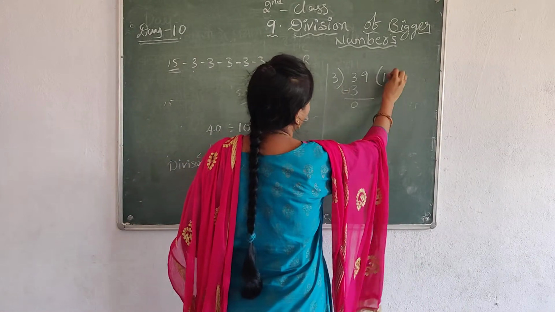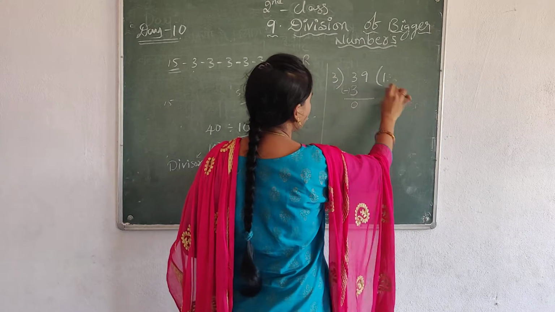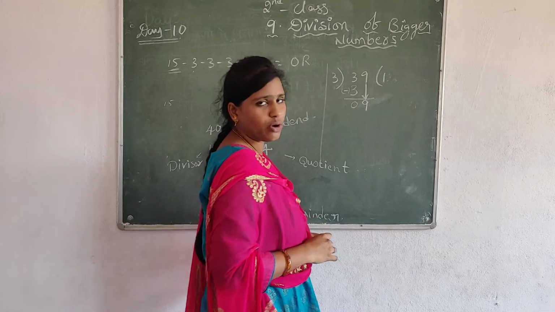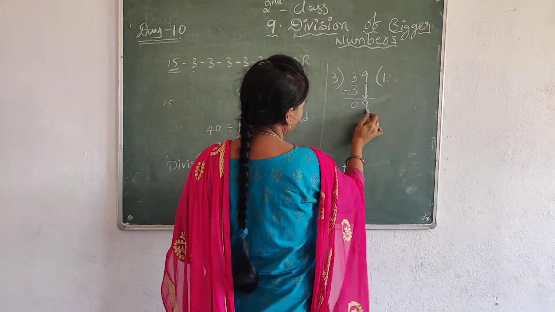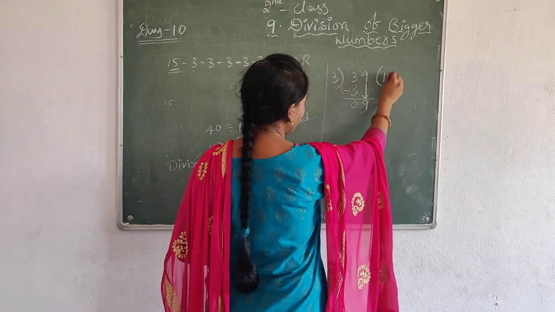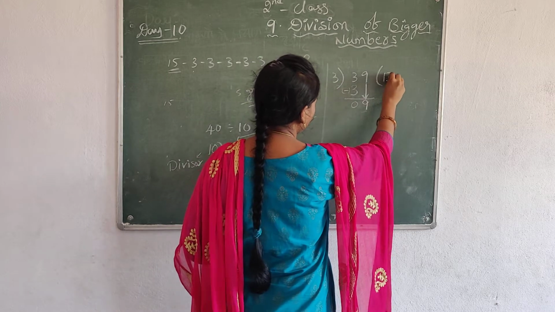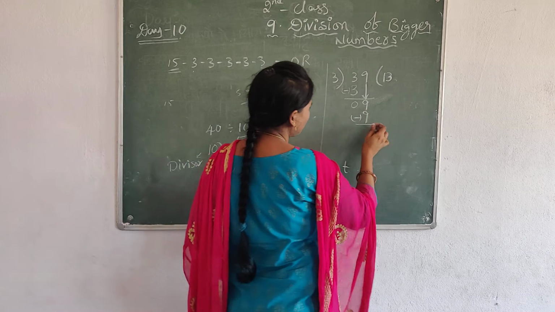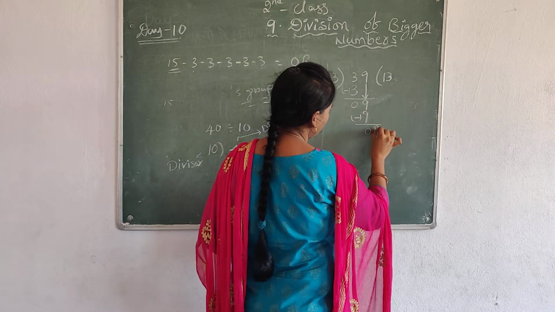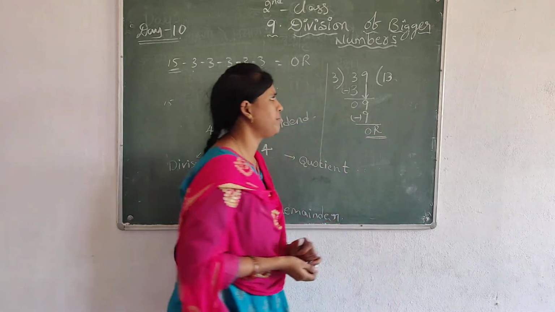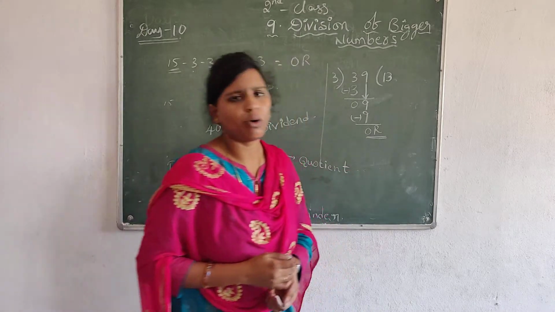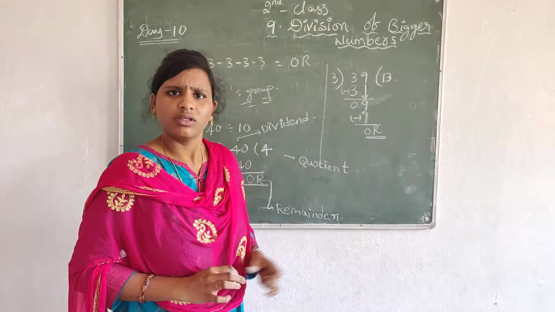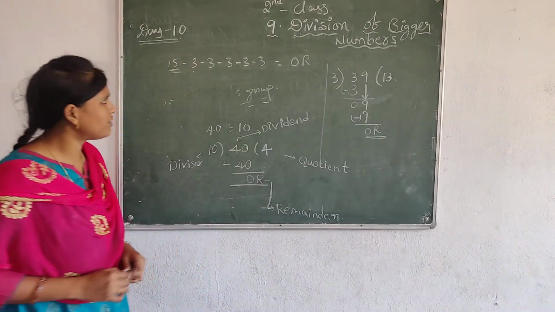Take the arrow mark down and bring this number down. How many times does 3 cancel here? 3 times. 3 threes are 9. Take the subtraction: 9 minus 9 equals 0. 0 is the remainder. R means remainder. Understood all of you? This sum, is it clear? Once you note it down.